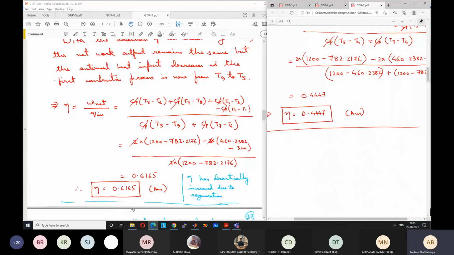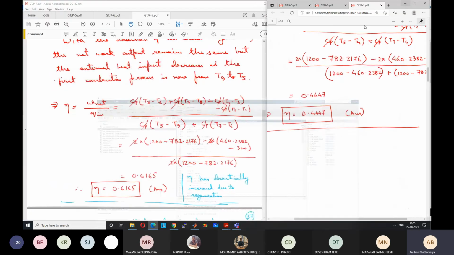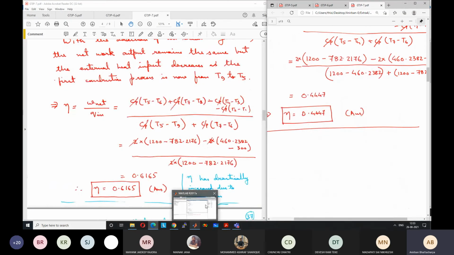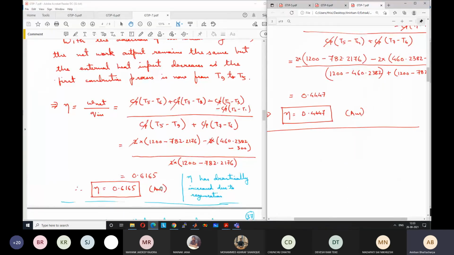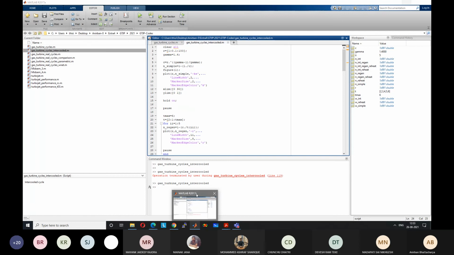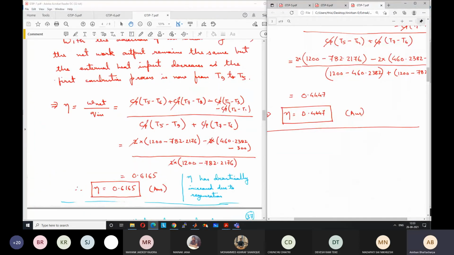So for R equal to 20, obviously it should be higher than the simple Brayton cycle efficiency. Even if we want, we can try to check once. Let us try, to see whether we can compare these results with our plots.